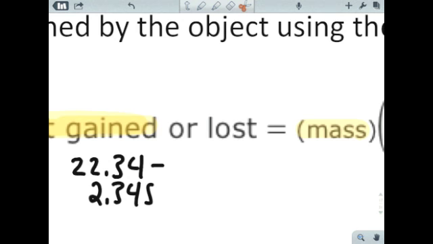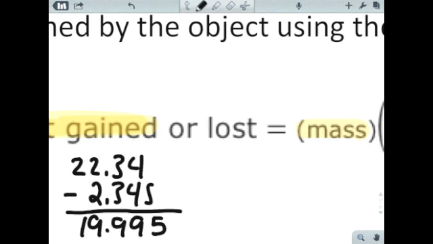So we line them up, and we remember, since we're subtracting here, we have to go by the least number of decimal places. So our answer is going to be 19.995. So the least number of decimal places is going to be to our hundredths place right here. So basically we round to the hundredths place, which would round everything up to just straight up 20.00. And that's going to be degrees Celsius. That's going to be our change in temperature.